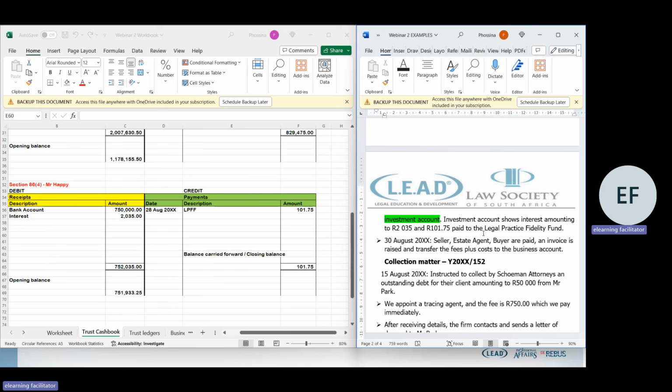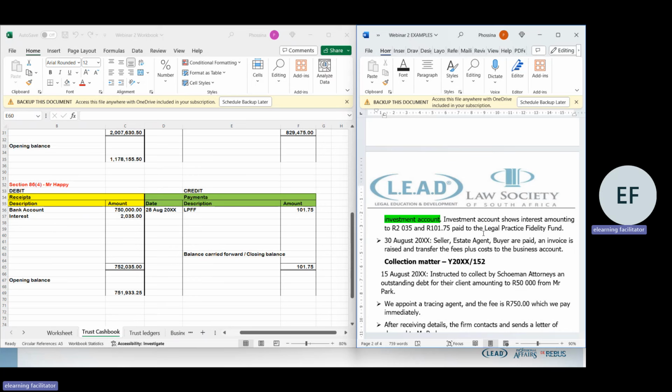The fund, the Legal Practitioners Fidelity Fund, has already made arrangements with the banks to say if it's a trust account, at the end of the month, you can sweep over, you can pay us what is due to us. If it's a section 86.4, you can pay us what is due to us. So the moment you open these accounts correctly, the banks automatically pay it for you.